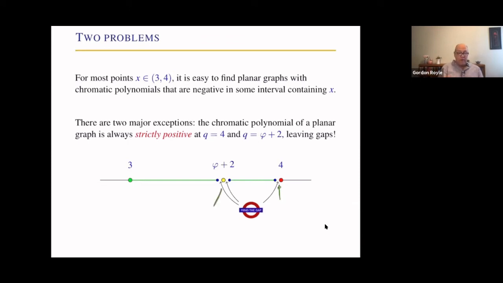And then between a little bit to the left of 5 plus 2 and a little bit to the right, there's also a gap there. This is a gap as in when Perrott and Thomason were doing their work. So they found graphs that covered all of the green shaded regions and had those gaps left over.